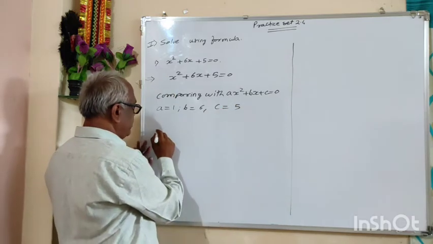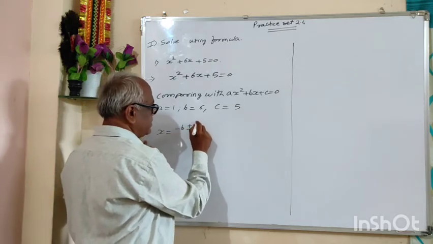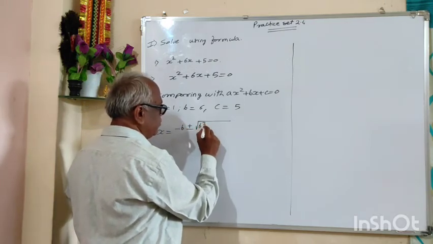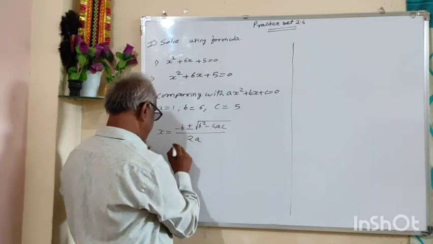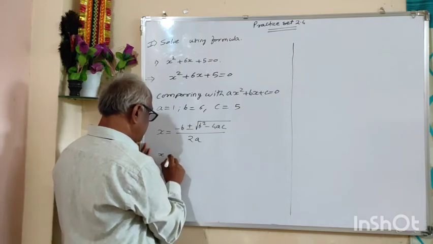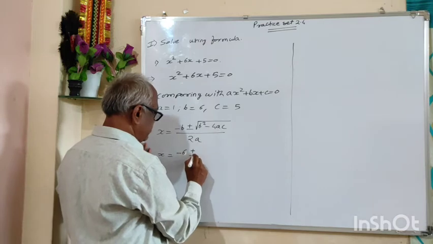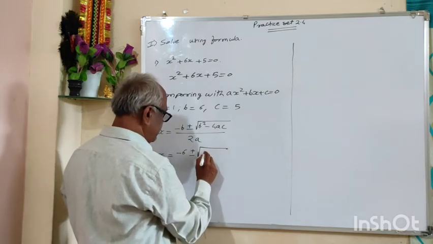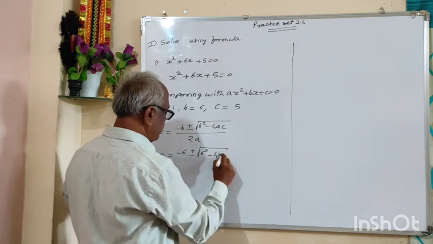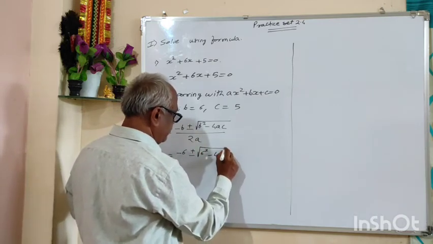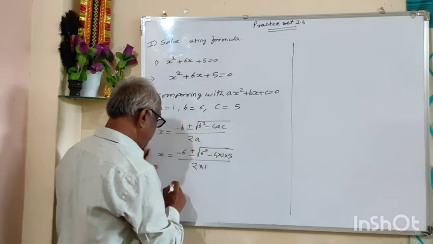Now we know the formula, that is x is equal to minus b plus or minus under root b square minus 4ac upon 2a. Therefore x is equal to minus b, the value is 6, plus or minus under root b square, b value is 6 square, minus 4 into a is 1 into c is 5, upon 2 into a, the value is 1.